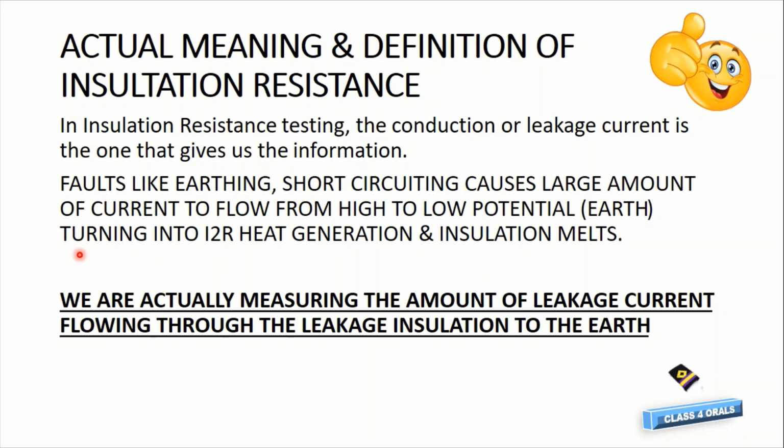The high current flowing turns into I2R losses, and the high heat generated can cause the insulation to melt. Thereby we can conclude that we are actually measuring the amount of leakage current flowing through the insulation to the earth. This is the actual meaning and definition of insulation resistance.